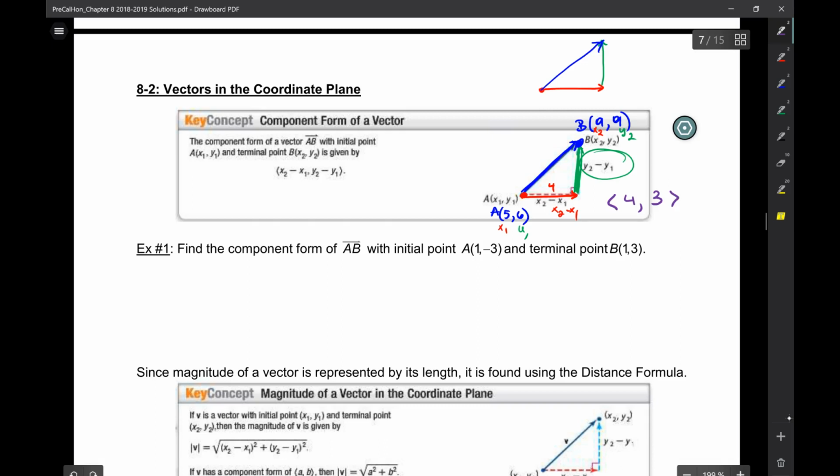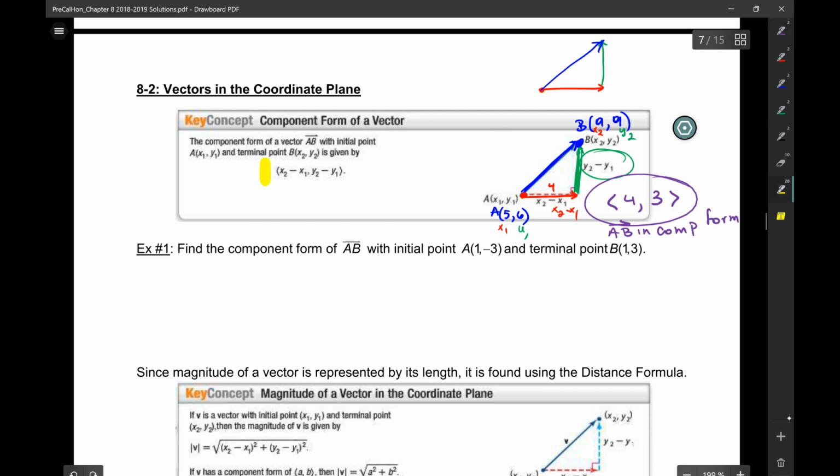And that's how vectors are symbolized. That triangular bracket is the notation for a vector in component form. So this is vector AB in component form.